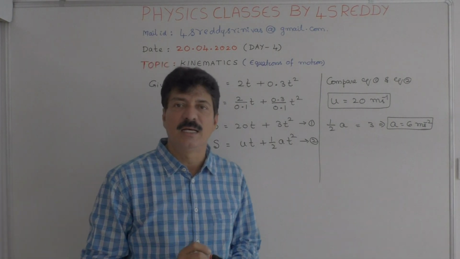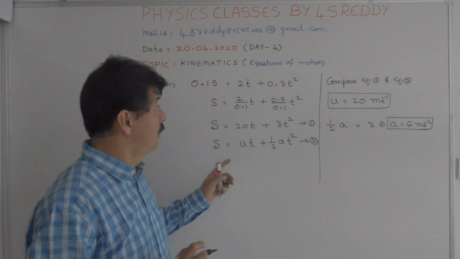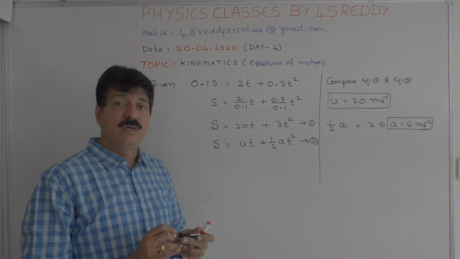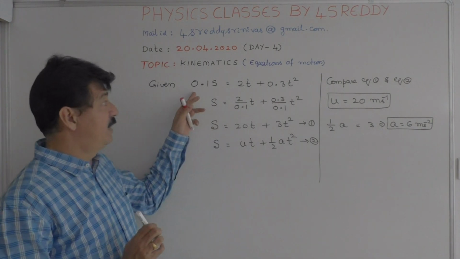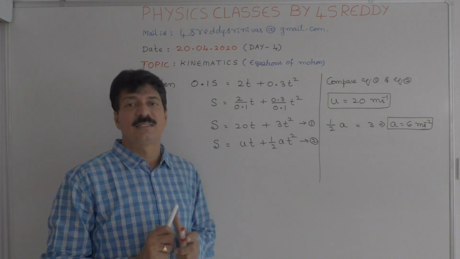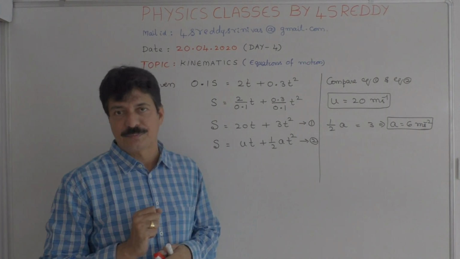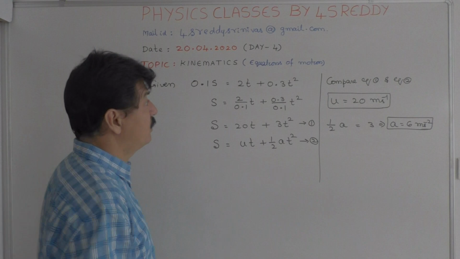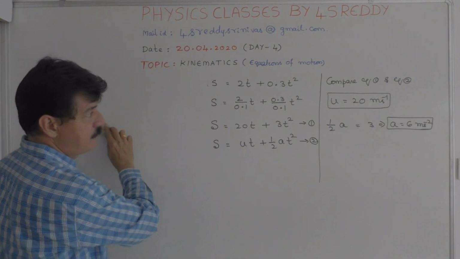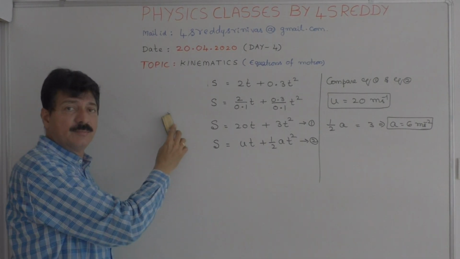This is another model where you can compare the given equation with s is equal to ut plus half at square. Now come to the other one. Is it clear?